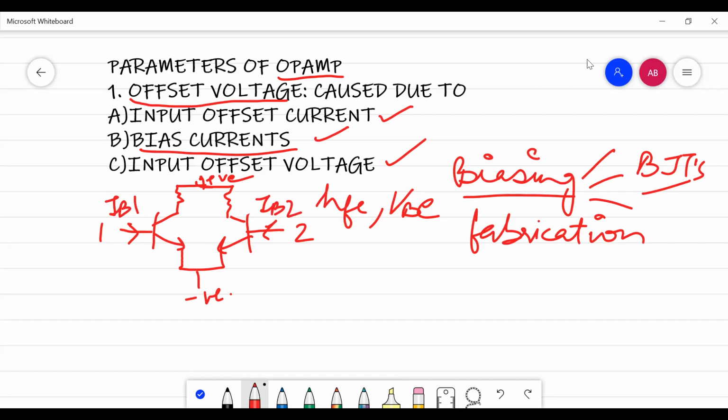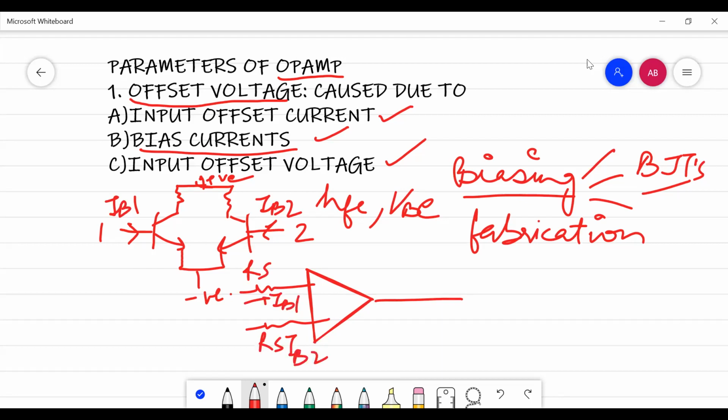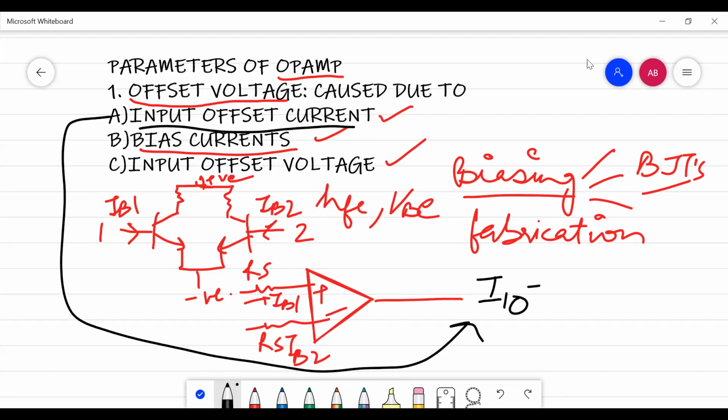IB2. To show you in the form of the op-amp, I can just draw like this. So this is my one terminal, this is another, this is my source resistances. So this is my IB1 and this is my IB2. Let's say this is positive and this is negative. So my input offset current, given as IIO, IO stands for input offset current, will be equal to the difference between the current at the positive terminal minus the current at the negative terminal.